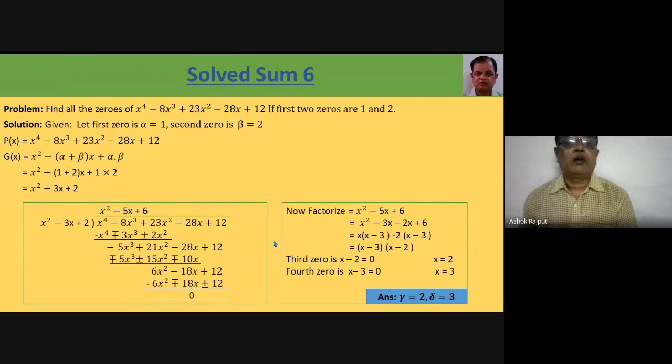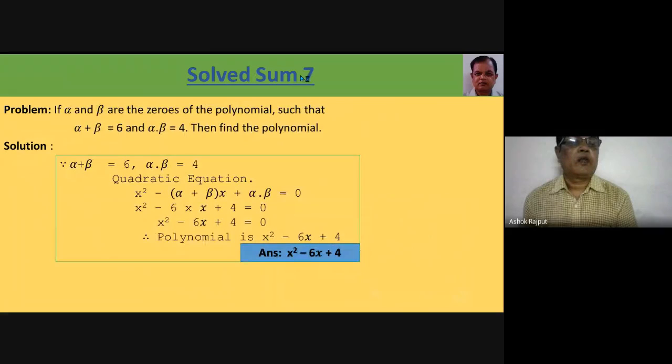Now we solve the next sum. If alpha and beta are zeros of a polynomial such that alpha plus beta equal to 6 and alpha into beta equal to 4, then find the polynomial.